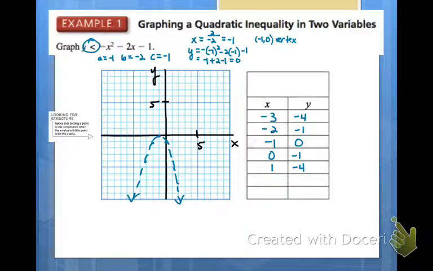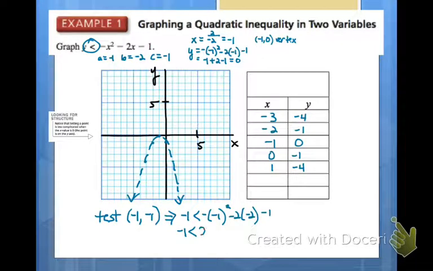Now, to show the area of the graph that is less than that, the rule is just to shade below, or in this case, underneath. But let's test a point. I'm going to test the point negative 1, negative 1, which is inside the parabola. What I mean by testing it is I'm plugging in negative 1 for y and negative 1 for x into the inequality and seeing if I get a true statement, which I do.